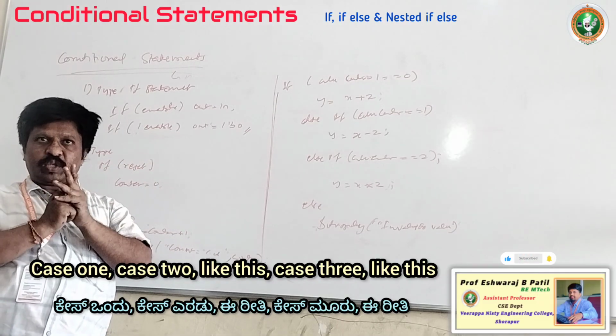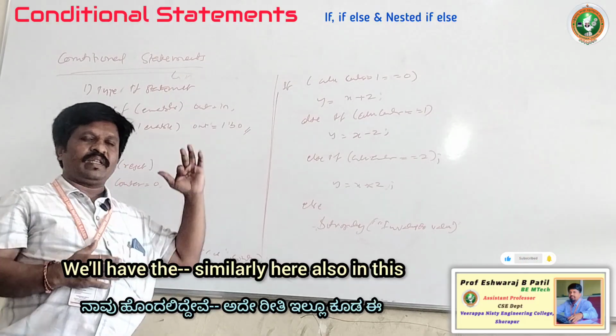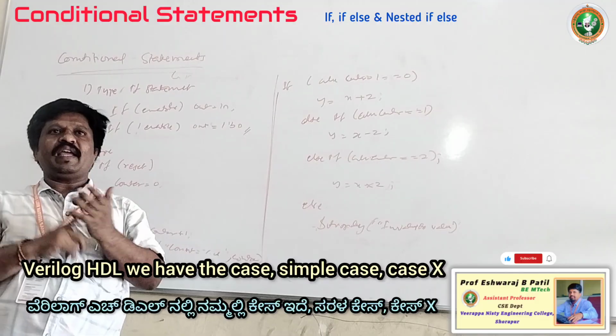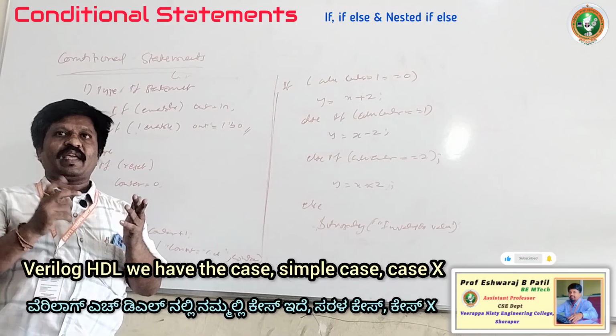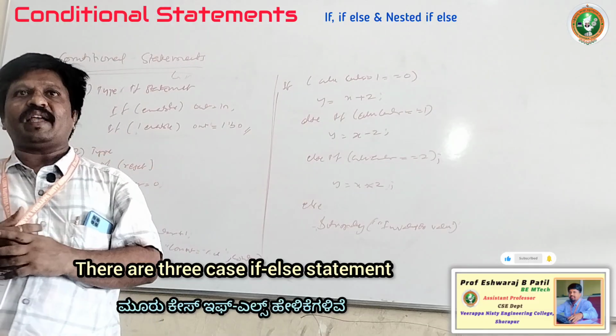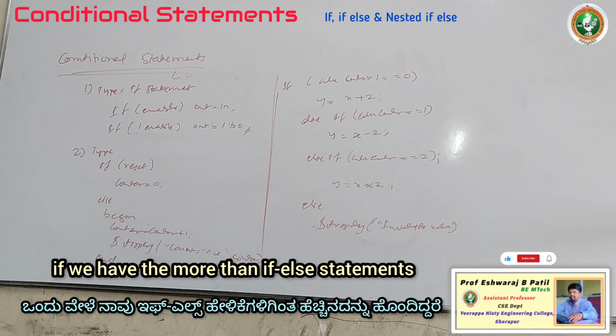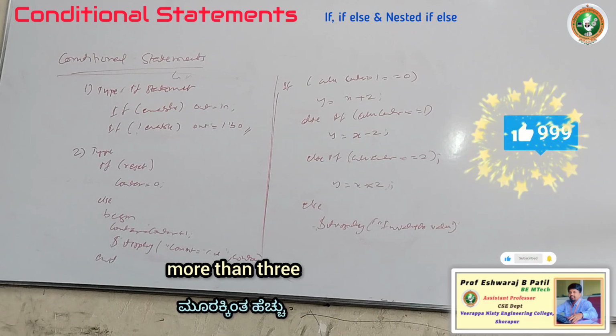Case 1, case 2 like this, case 3 like this. Similarly here also, like HTML we have the case, simple case, casex, casez. Okay, there are three case if else statements. We go for multi-way branching if you have more than 3 if else statements.